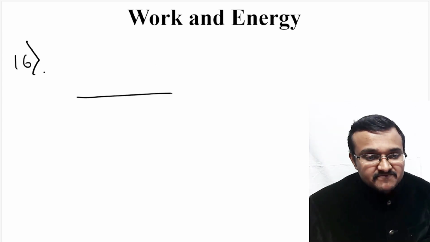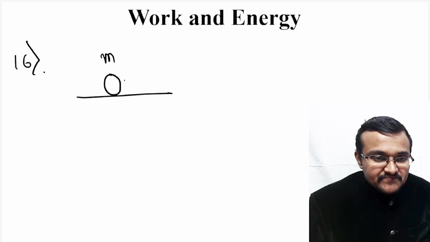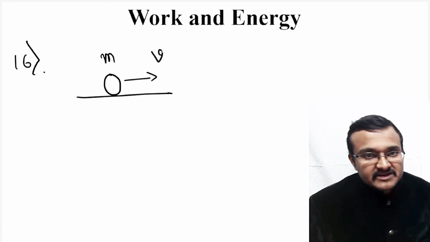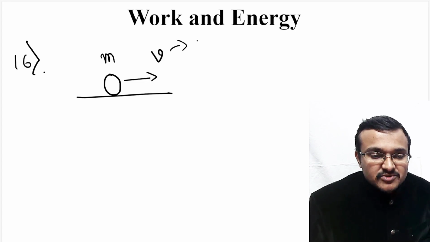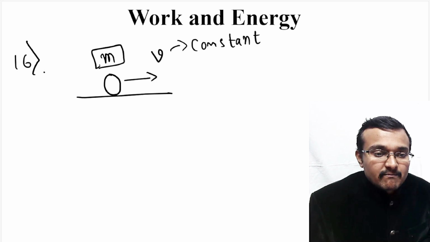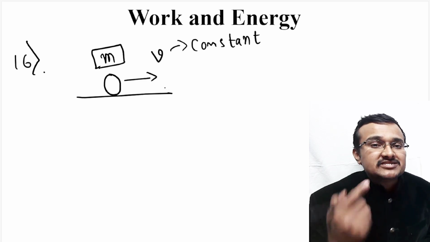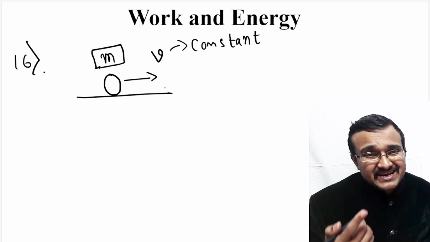Coming to the 16th question, here there is an object which has mass m, which is moving at constant velocity v. Now if you want to bring this object to rest, how much work has to be done?